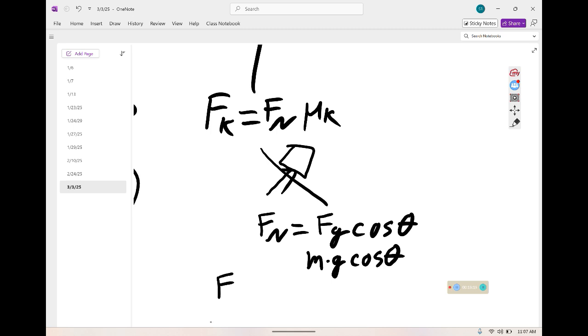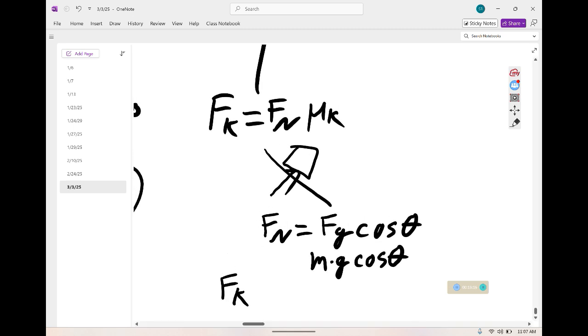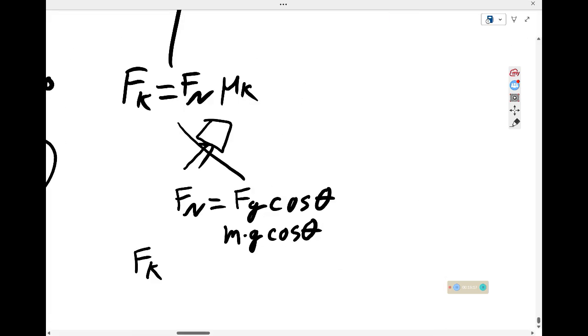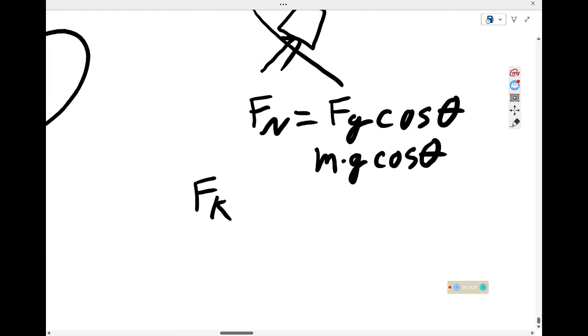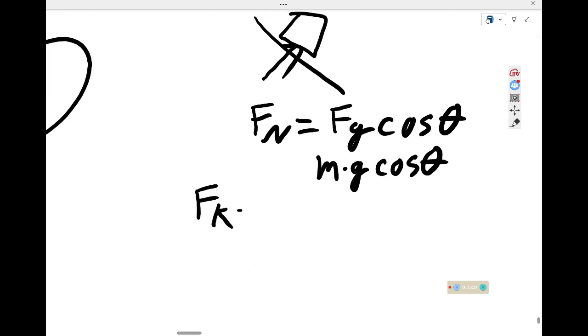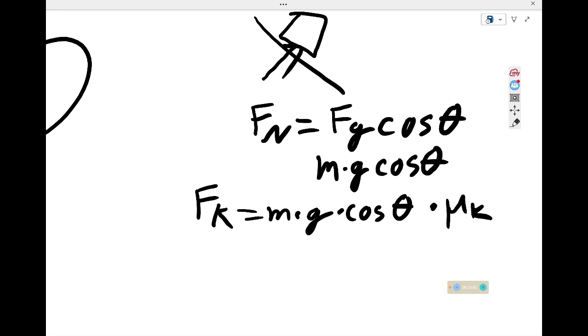That means our force of kinetic friction is going to be mass times gravity, that's the full force of gravity, times the cosine of theta, that's the force of gravity actually pushing the block against the side of the pyramid, times the coefficient of kinetic friction.